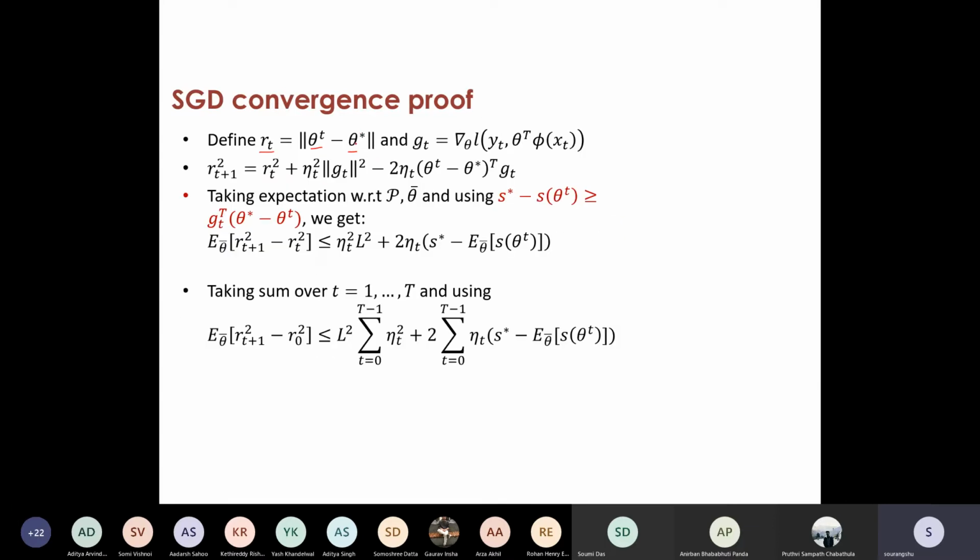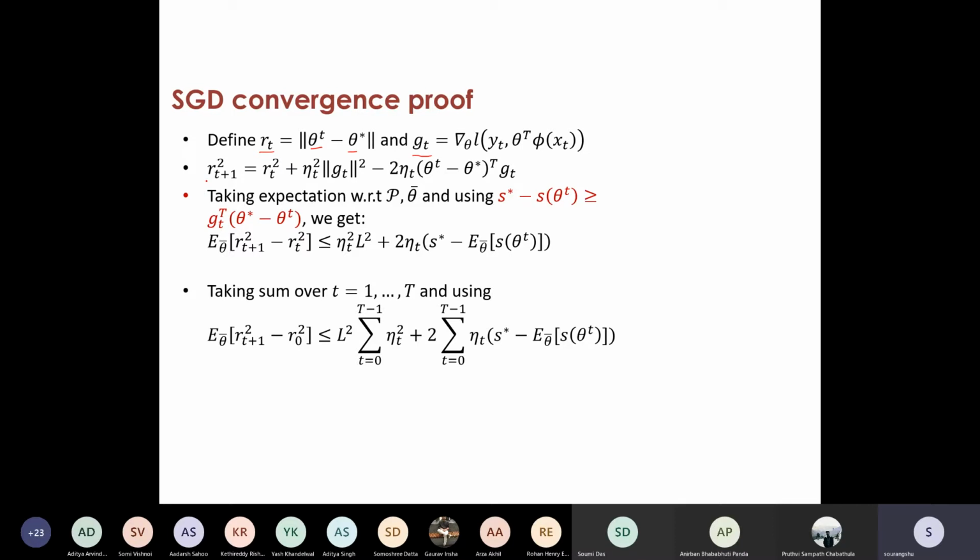These are the correct quantities. Now you are trying to derive the upper bound. You have this quantity RT, which is the distance from the optimal at any point in time, and you have GT, which is your gradient at time t.